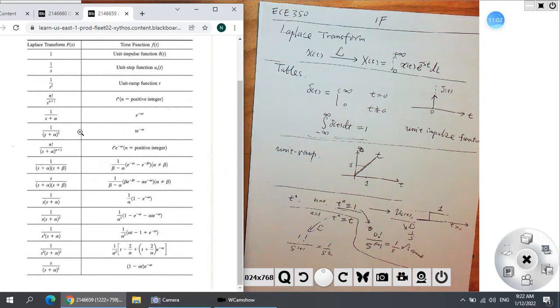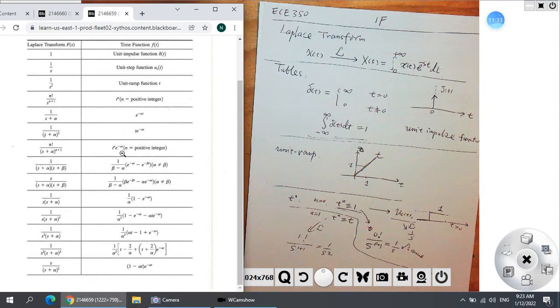These two, e to the negative alpha t and t times e to the negative alpha t, are special cases of this one when n is 0 or 1. If you plug in n equal to 0 or n equal to 1 here, you will get the previous two results. And furthermore, if alpha is 0, what will happen?